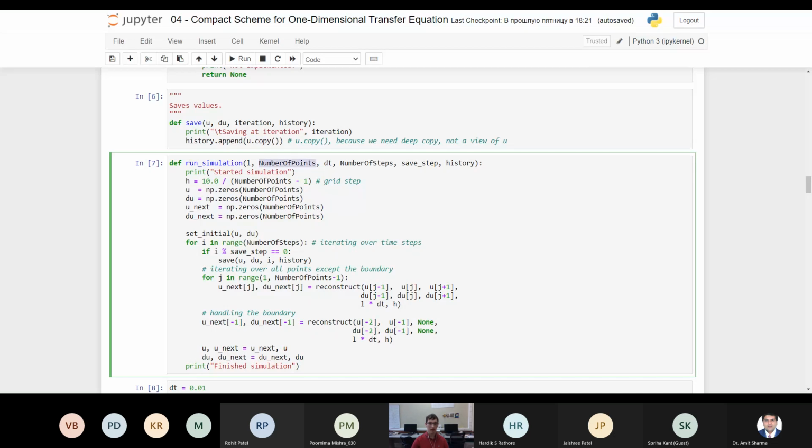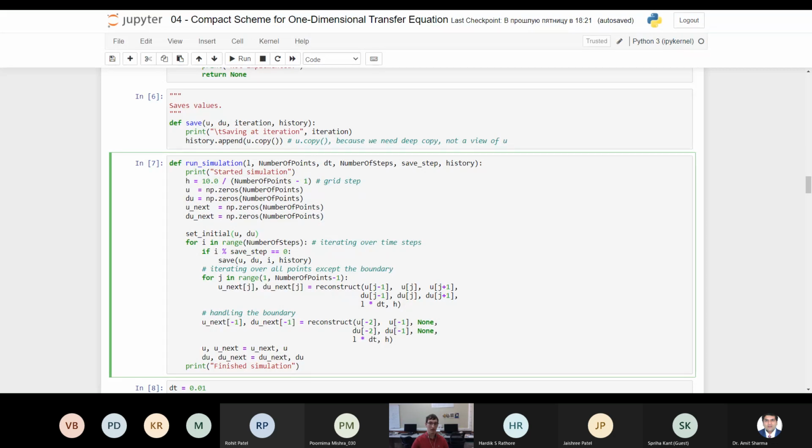So we get the number of points in the mesh as a parameter. Knowing the number of points, we can calculate the size of the grid step. Then we can initialize with zeros our function at the current time step, both function and derivative, and on the next time step. Then we call the setInitial function, which initializes the u and its derivative to the sinus impulse.